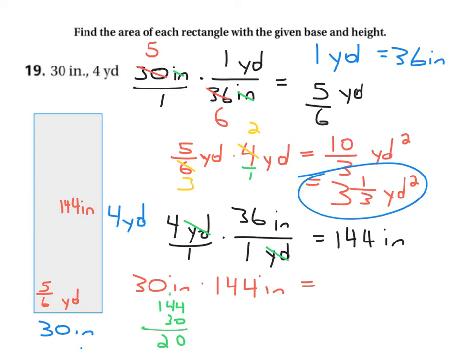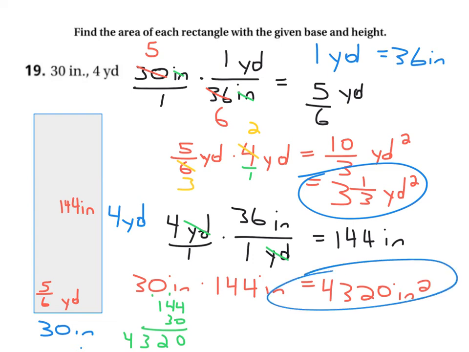Carry the 1. 3 times 4 is 12 plus 1 is 13. Carry the 1. 3 times 1 is 3 plus 1 is 4. And you get 4,320. And here we have inches times inches is inches squared. And that's another way we could write that answer. Okay?